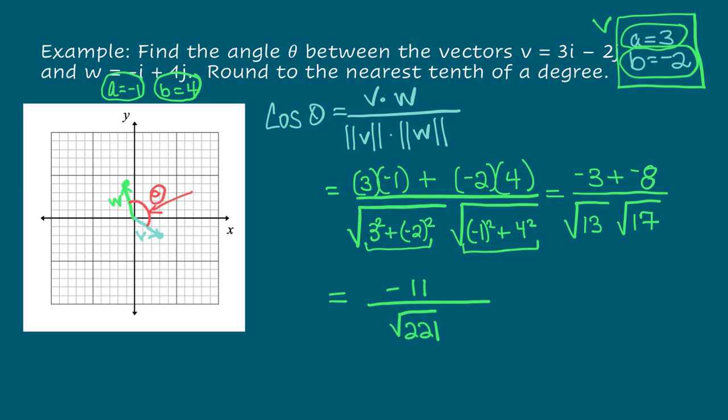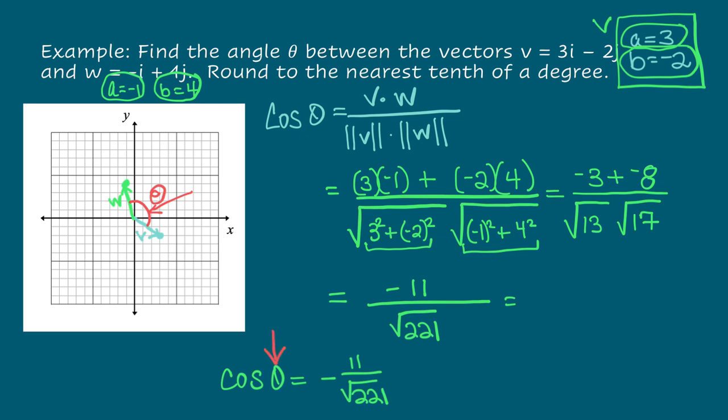I have cosine theta. Let me write this out here. Cosine theta equals -11 over the square root of 221. So I actually want to know the value of theta.